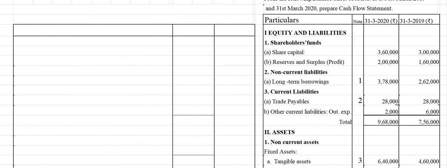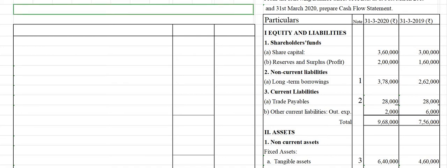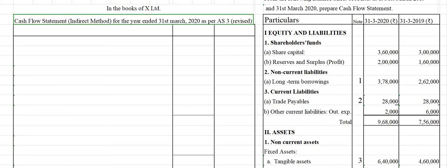So you need not calculate the profit again because it is directly given. So let us prepare the cash flow statement in the books of X Limited. Cash flow statement by the indirect method for the year ended 31st March 2020 as per Accounting Standard 3 (Revised). Let us give the headings.